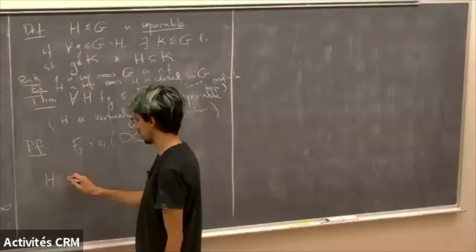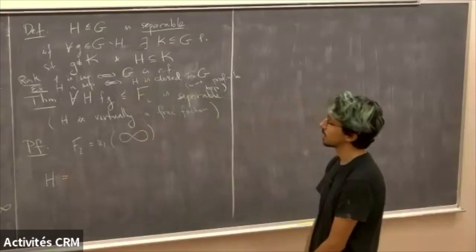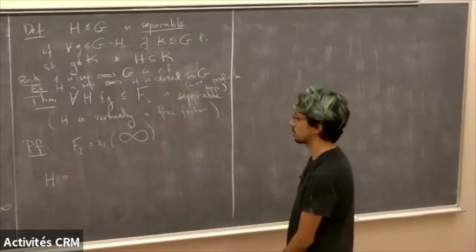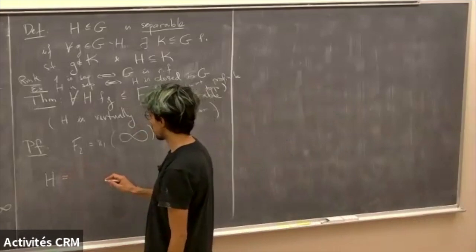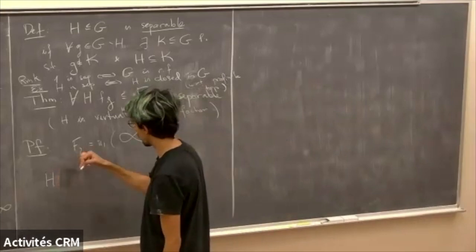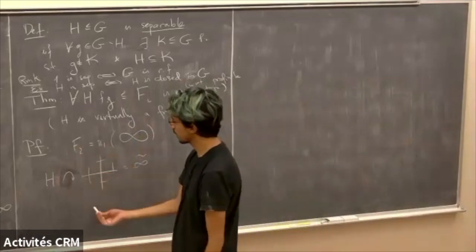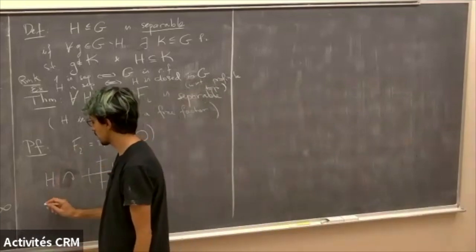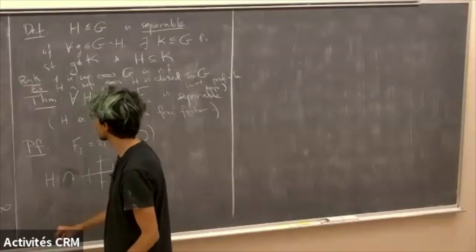So you can think of H as what's called the core graph for H. What is that? You look at how H acts on the universal tree of this guy. And inside this thing, there is a minimal invariant subtree.